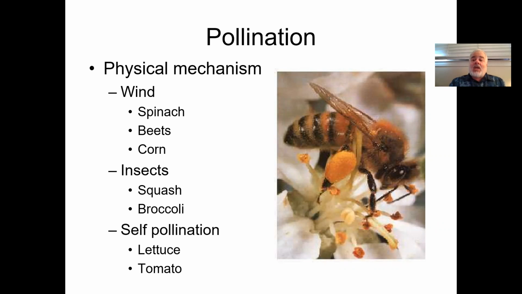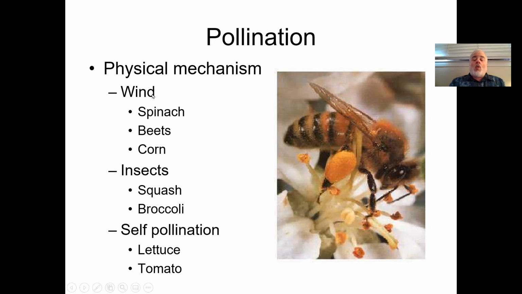Inside of the anther is the pollen. And the pollen produces inside of it sperm cells. And it's the sperm cells that are actually being delivered to the egg cell inside of the female ovule in the flower. So the bee here is spreading some of this pollen around while it's gathering nectar.